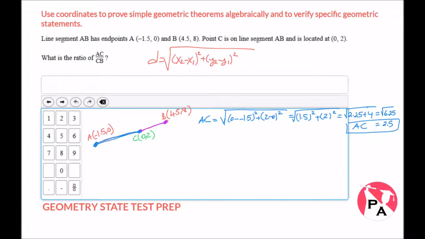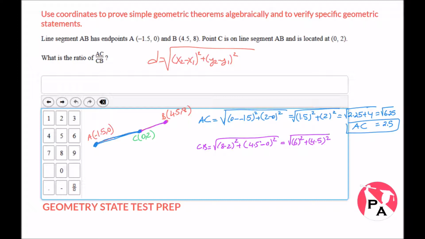And let's do the same thing for the purple segment, CB. This time I'm going to assume this is x1, y1, x2, y2. Subtract the y values: 8 minus 2, squared, plus 4.5 minus 0, squared. So 8 minus 2 is 6. We are going to square this number, plus 4.5 minus 0 is 4.5.